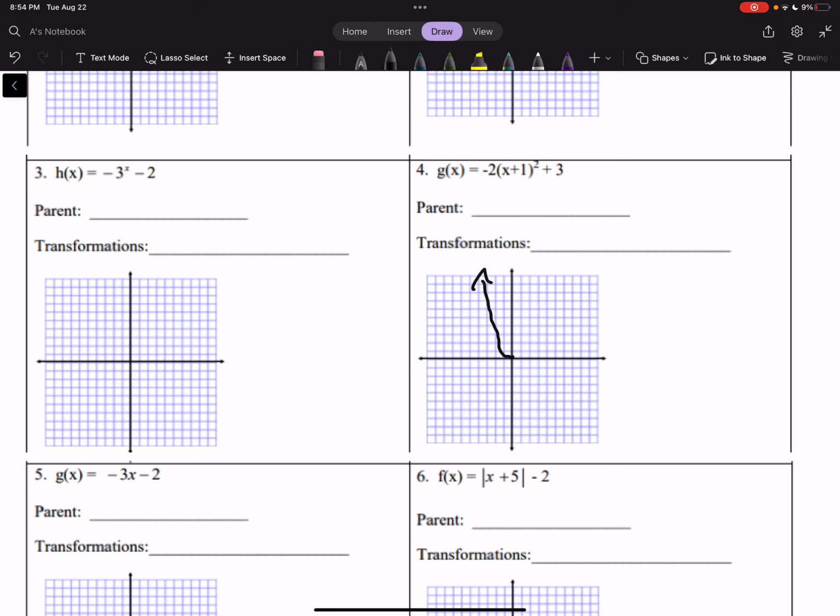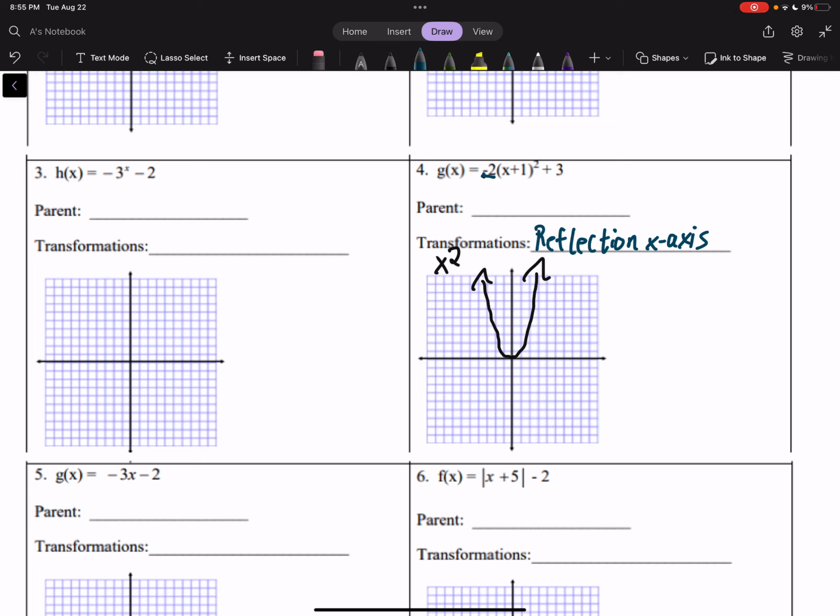And it looks like this. That's your x squared. Okay? We have a negative out front. That negative is a reflection over the x-axis.